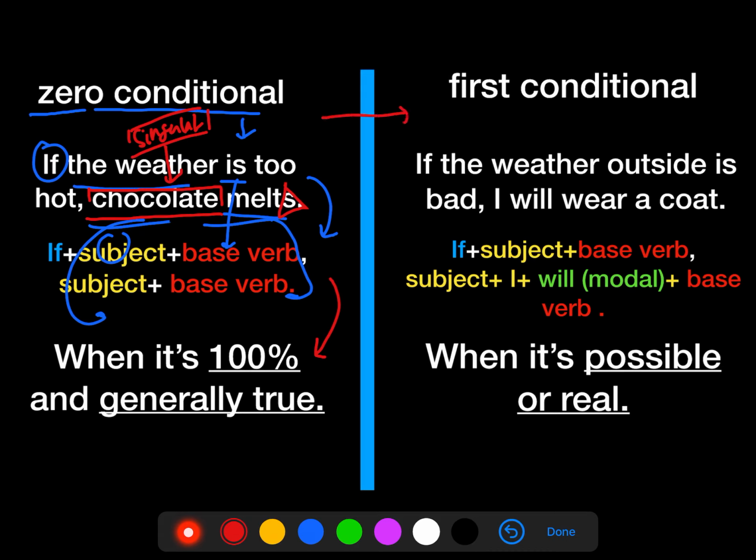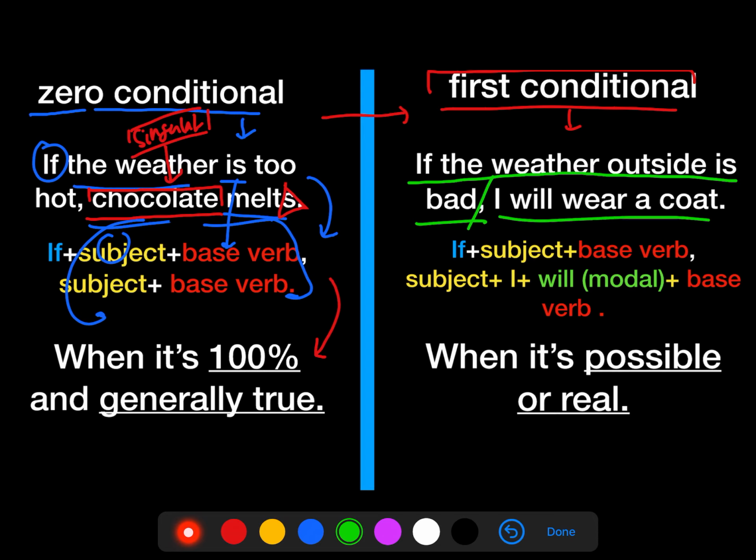So what about the first conditional, as a contrast? Let's have a look at the example first. If the weather outside is bad, I will wear a coat. What did I say? Will is the most important part in first conditionals.